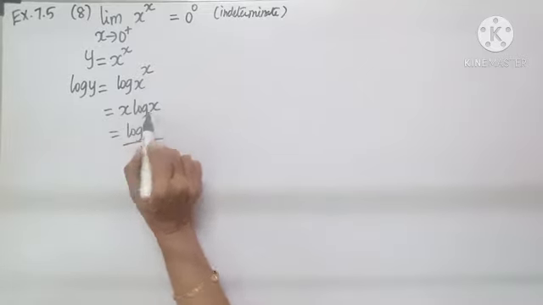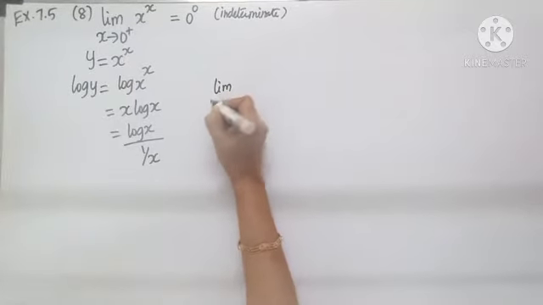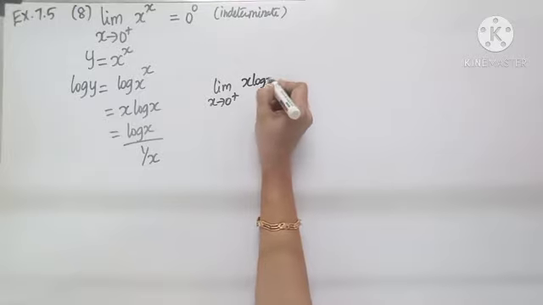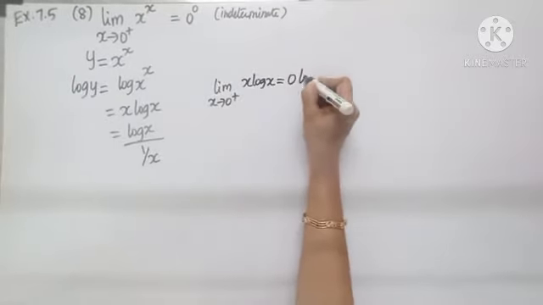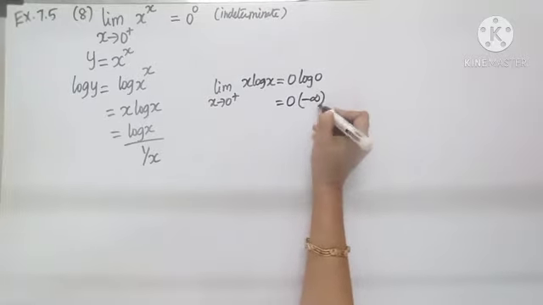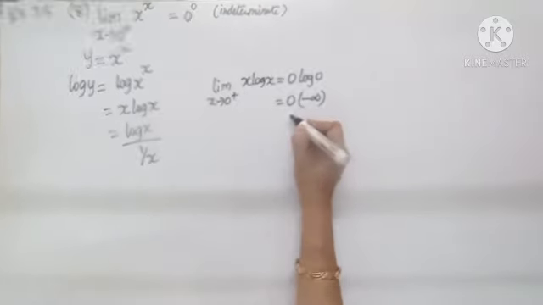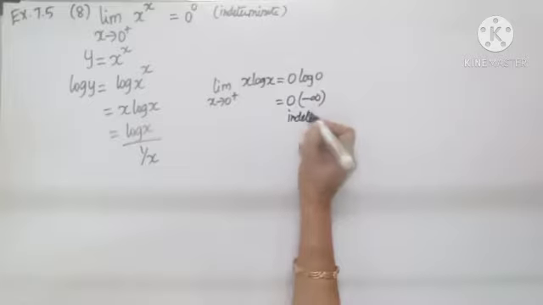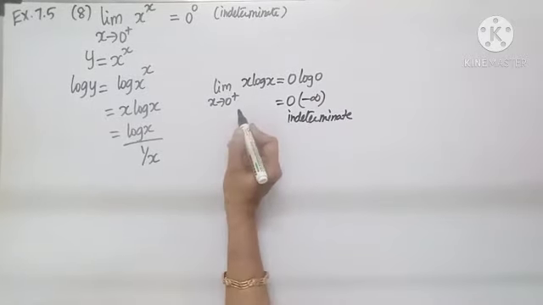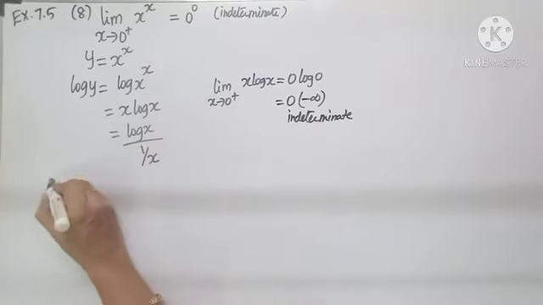Limit x tends to 0 plus x log x is 0 log 0. We know log 0 is minus infinity. 0 into minus infinity is also indeterminate. So our only idea is to apply L'Hopital's rule.